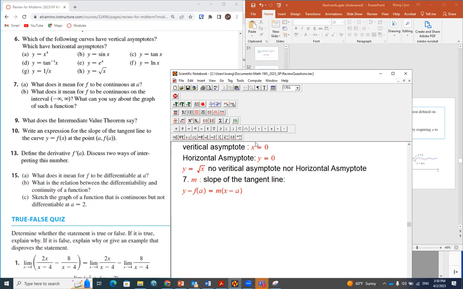In the case, if the derivative exists, then the slope is the derivative of the function at a. And then this will be the tangent line equation, with m substituted by the derivative of the function at a.